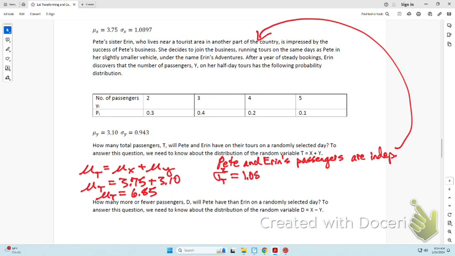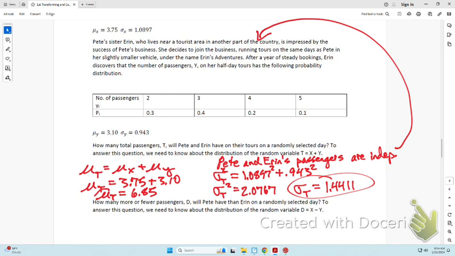So 1.0897, 0.943 squared, and we got 2.0767, square rooted that, and we had it. So I think it's important to show all this, even though it was in the last video. And I hope it'll clear up some questions on the next part.